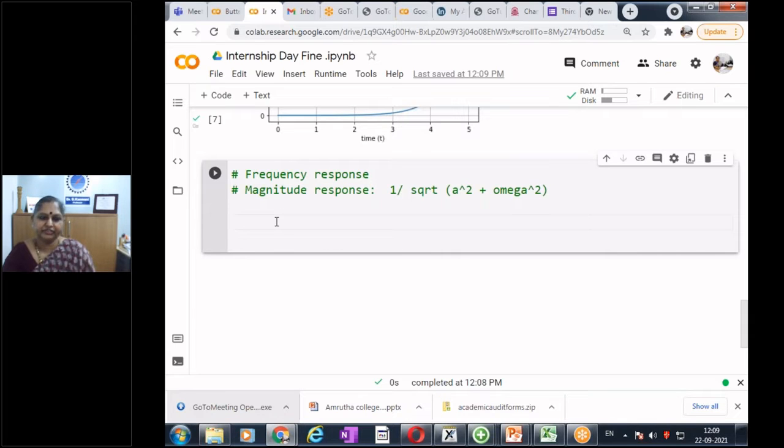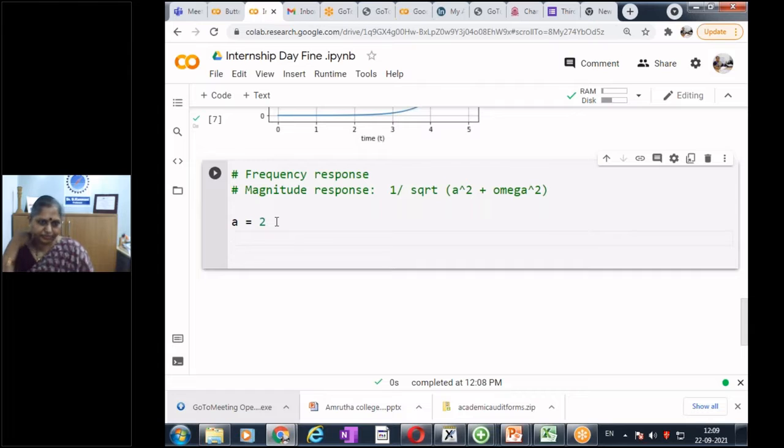So now what we need to define now is A. Once again, let us say A is equal to 2. What is the frequency response? I mean, H of s.